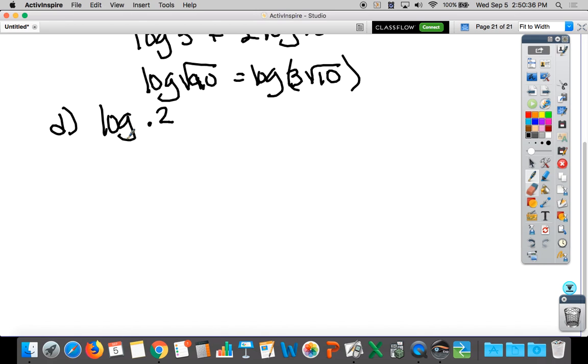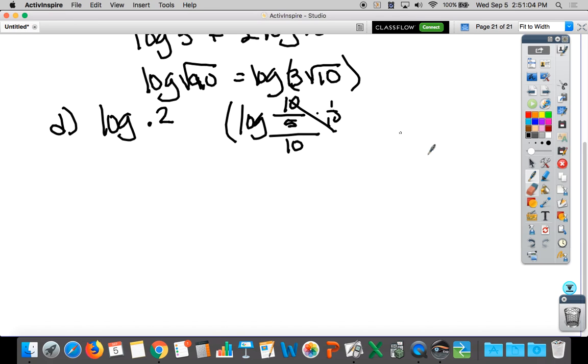I got log 10 over 5 over 10. Okay, which is equivalent to 1/5, which is 0.2. Right. So what you did was log 10 over 5 over 10, which, when you multiply by 10's reciprocal, there's your 1/5.